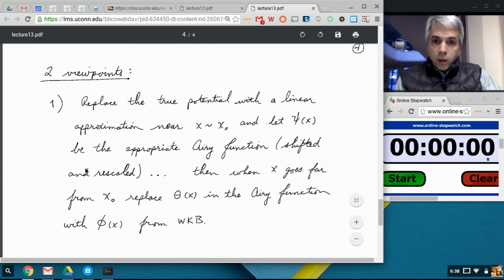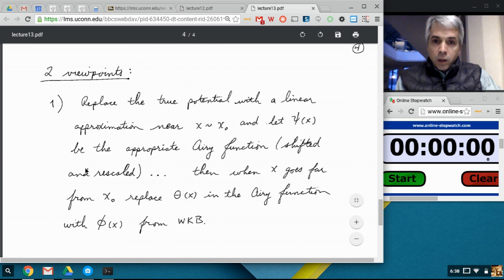But another viewpoint emphasizes the role of the Airy function not to actually substitute for WKB as a full solution to the problem, but just to stitch together the two pieces.